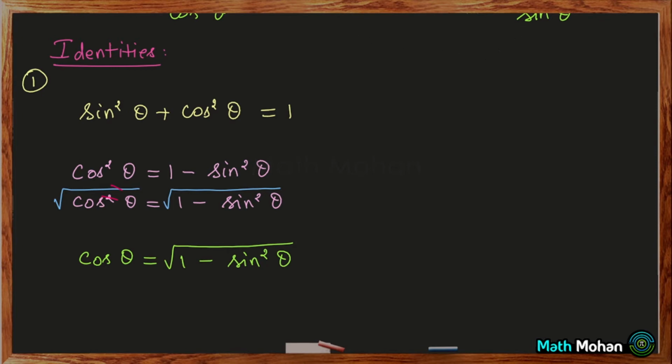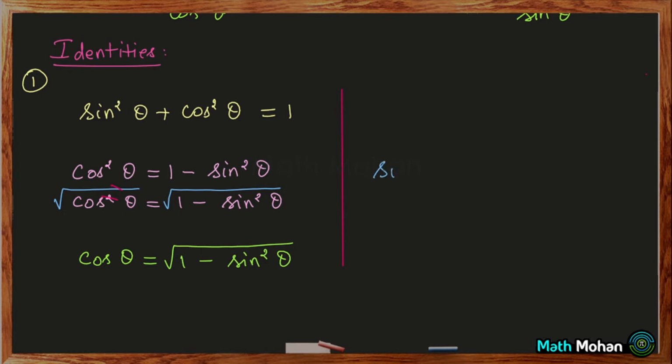The same identity can be transformed in a different way. Now I'm going to retain sine square theta on the left side and take cos square theta to the right side.